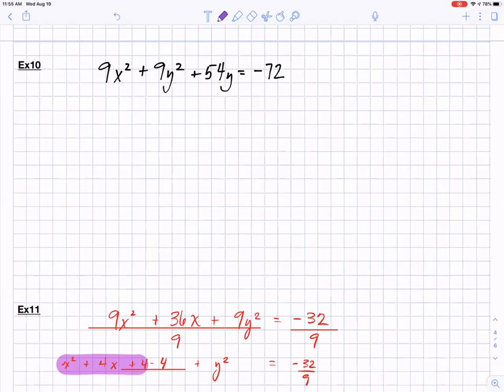You should have 8, where did you get 8 from? Does this look better? What did you do?